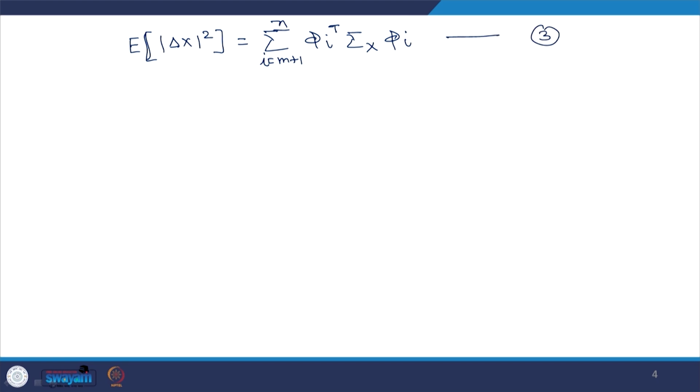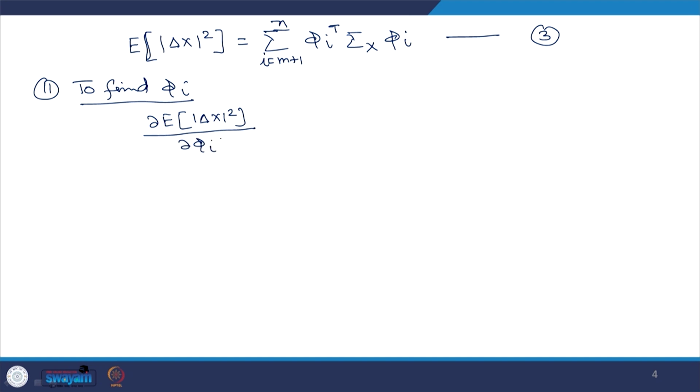Now, what I have to find out is phi i. So, to find phi i, what I need to do? Del E delta x square upon del phi i equals to 0 and subject to phi i transpose into phi i equals to 1.